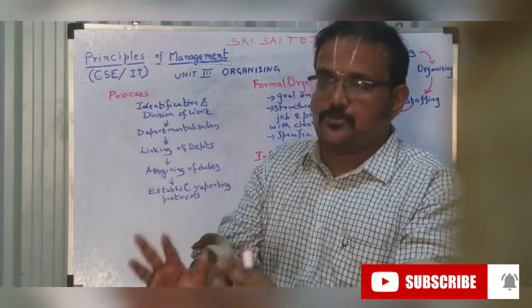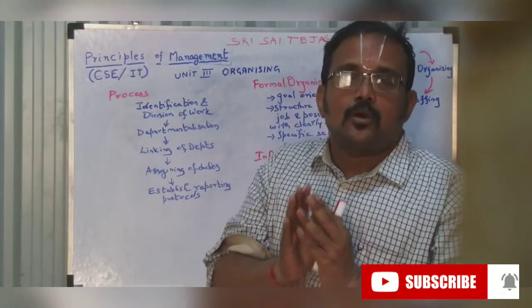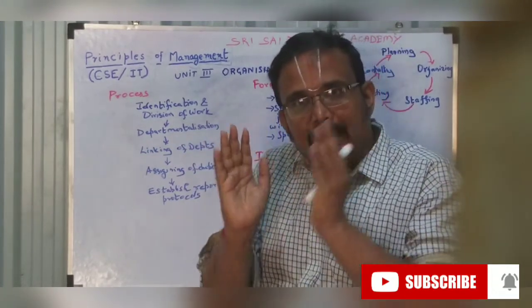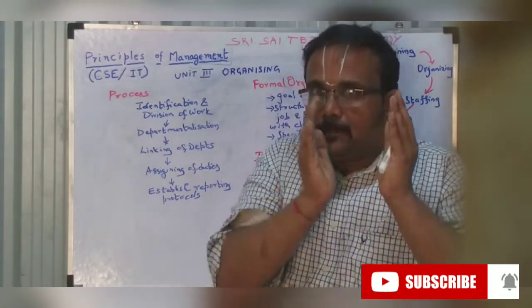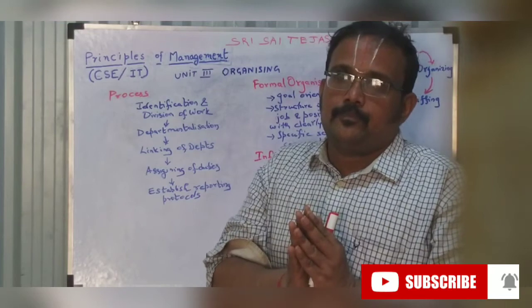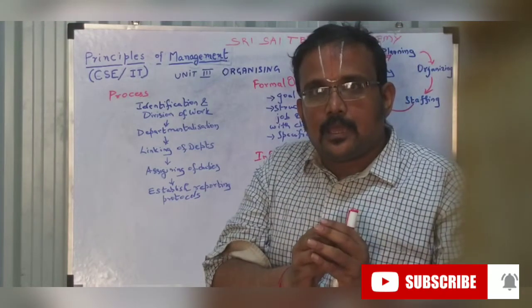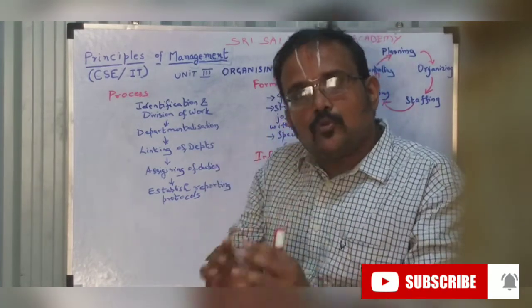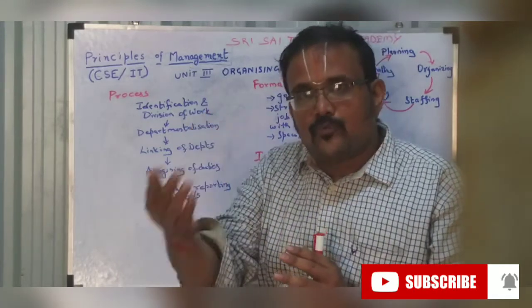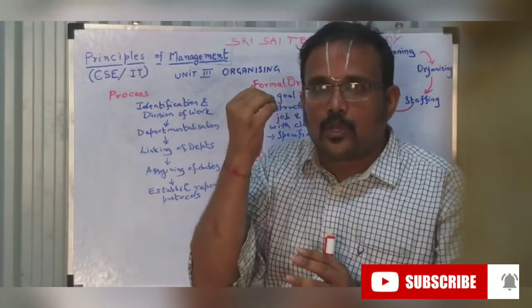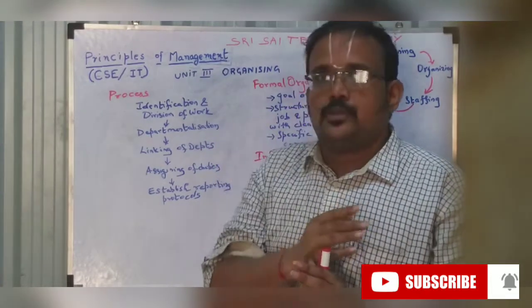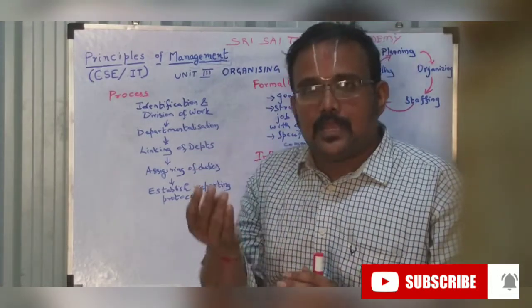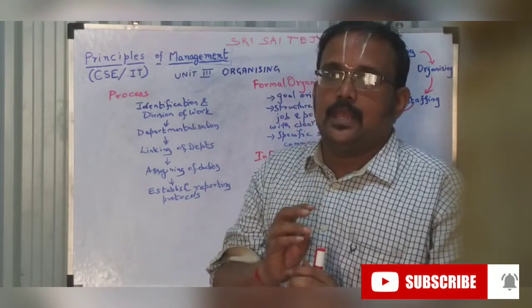I have an industry. So is just manufacturing enough? I need to buy raw material. I need a purchase department. After purchasing, I need to account for it. I have to account for the salary I give. I have to account for the capital I have. I need accounts. So purchase is there. Accounts is there.